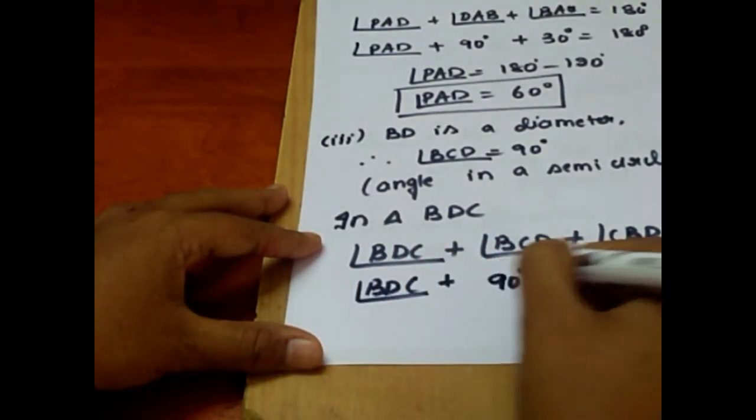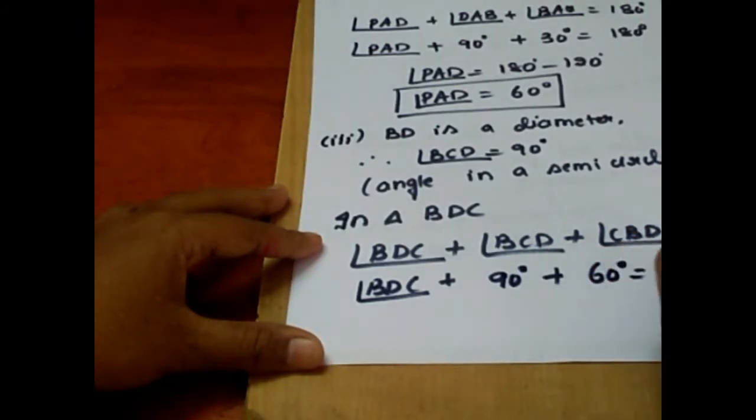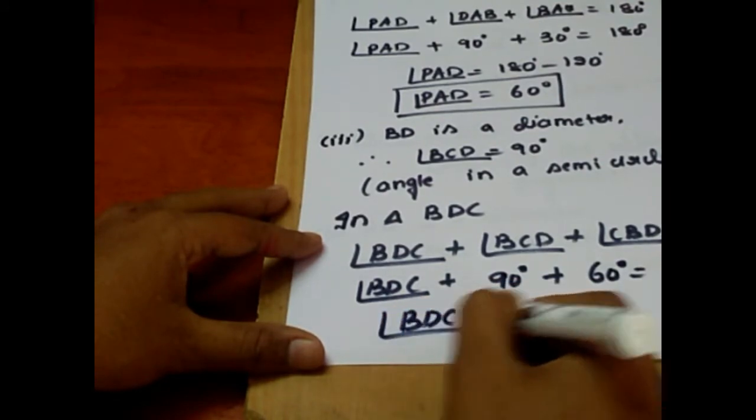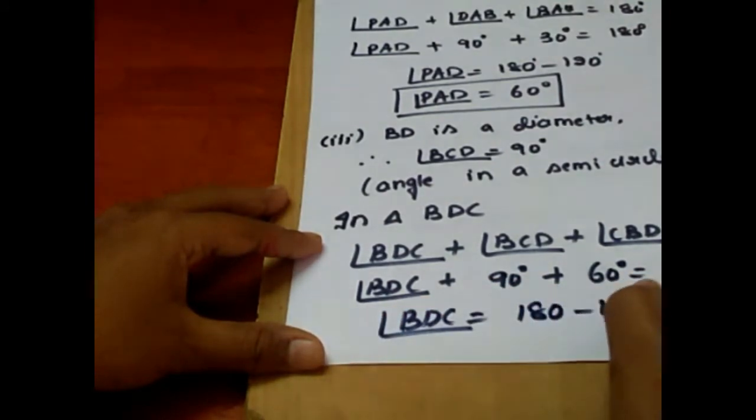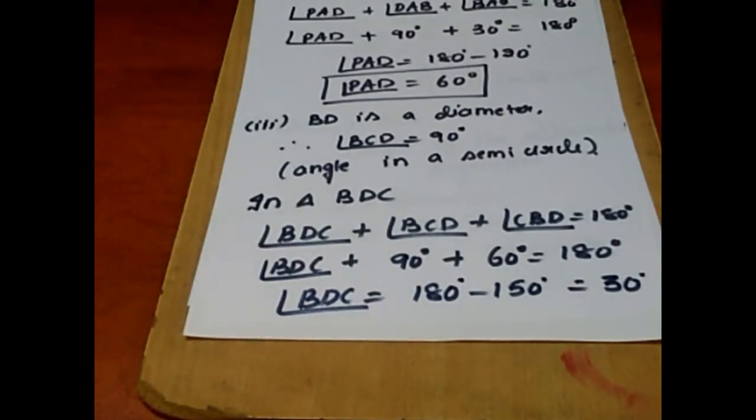BCD is 90 degrees. CBD is given in the question, that is 60 degrees. So hence angle BDC is equal to 180 minus 150 degrees. Therefore, the measure of angle BDC is equal to 30 degrees. This is the solution for question number 3.